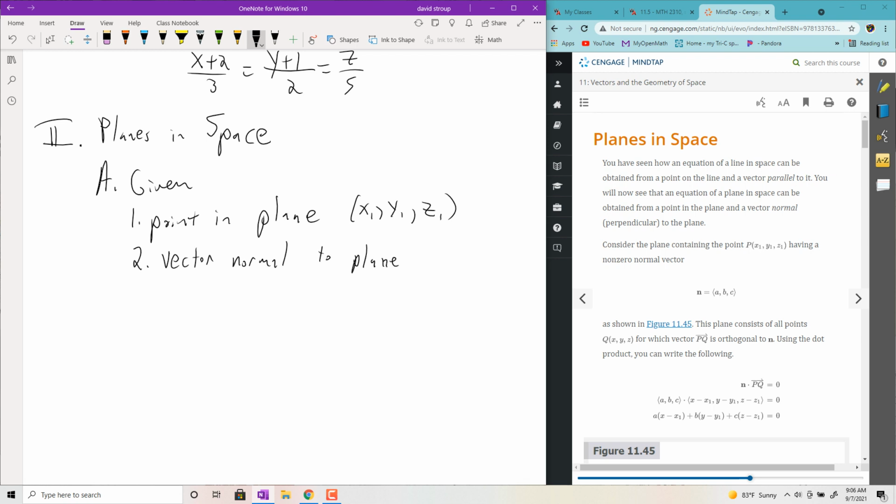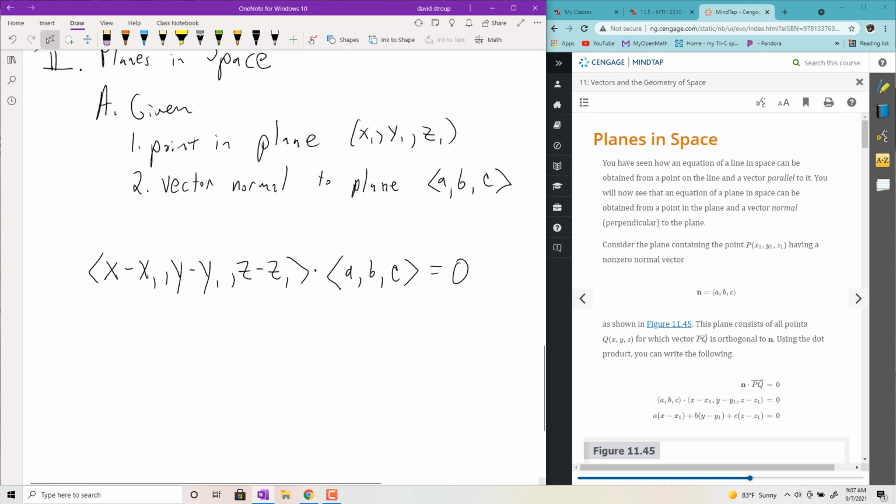Usually they give that the letters A, B, C. So this time the plane is the set of all points x, y, z such that when you form a vector with this point in the plane, in other words, this vector x minus x1, comma y minus y1, comma z minus z1, and take the dot product with the normal vector, you get 0. Because any vector in the plane is going to be perpendicular to the normal vector.